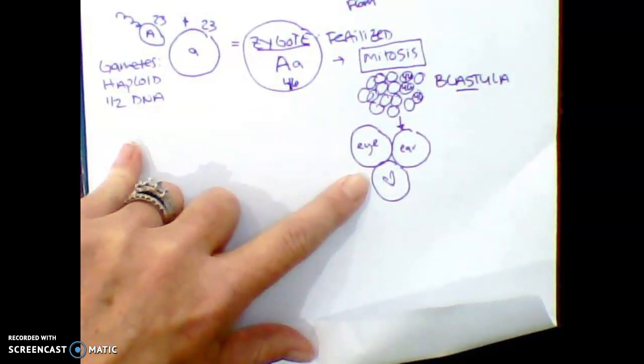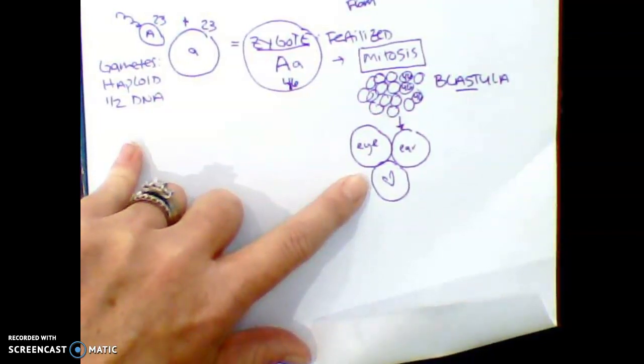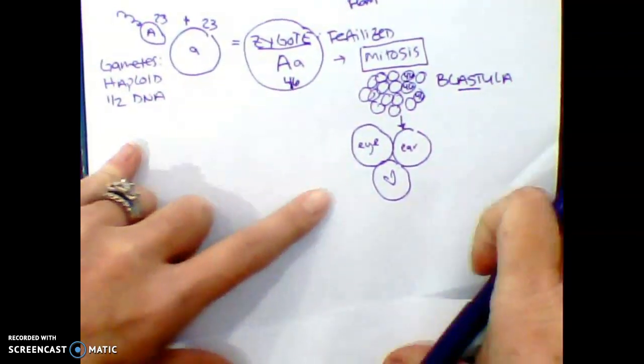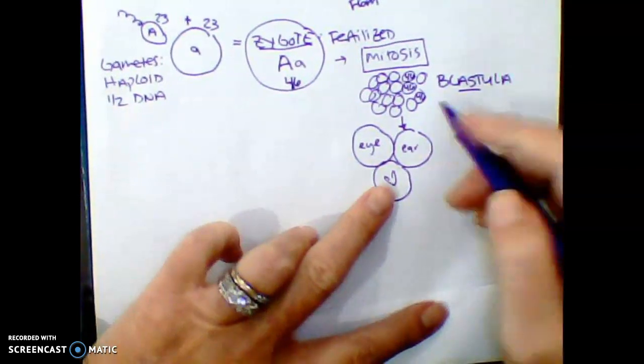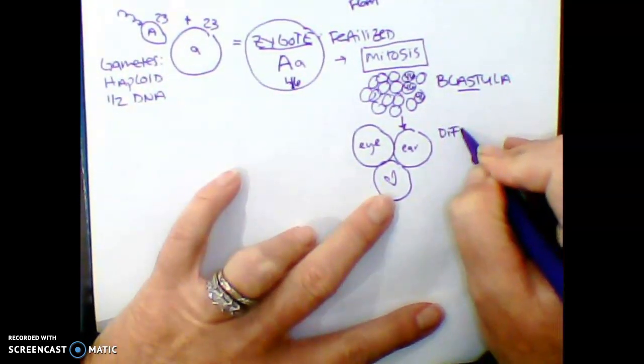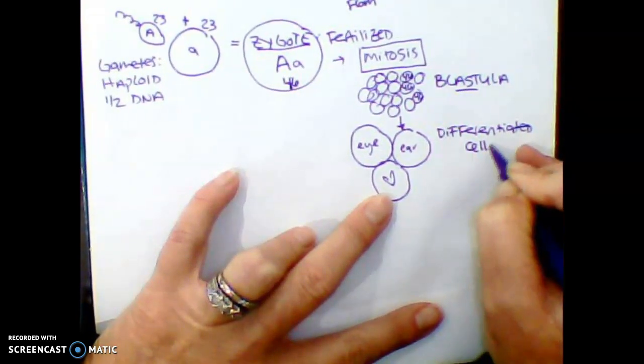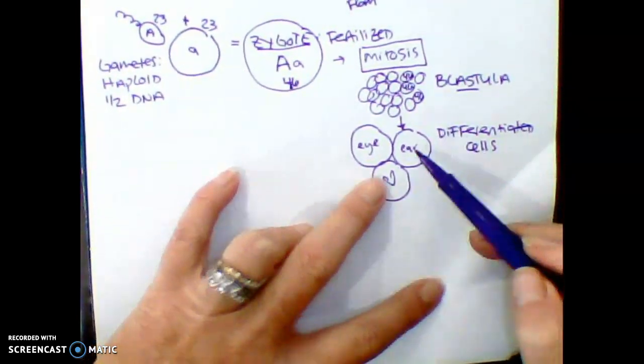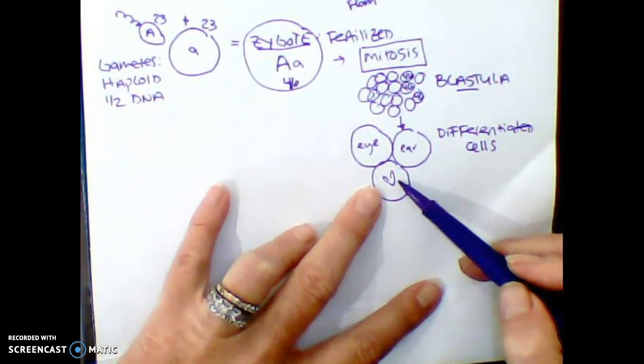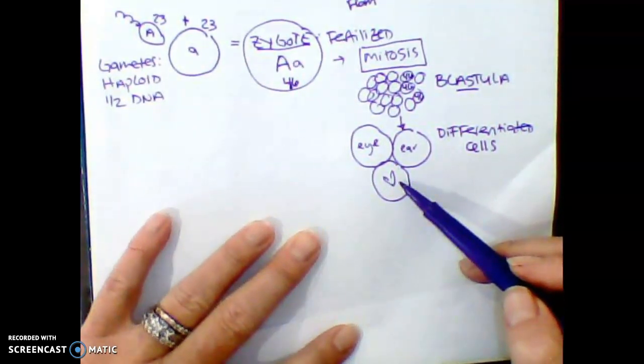Why? Because your body is connected by millions of neurons to help communication. Okay? So these cells are now differentiated, and once they are differentiated, they can no longer make other cells. So they can only make ear cells. They can only make heart cells. Okay? So these are specialized cells.